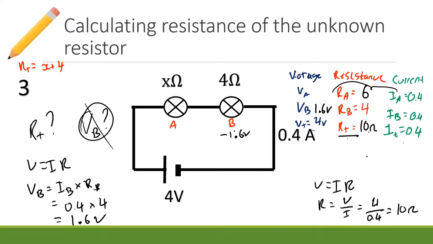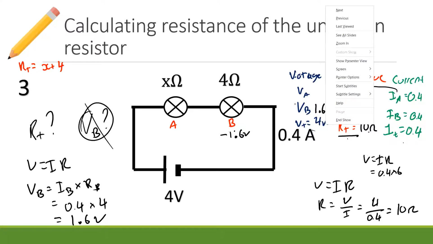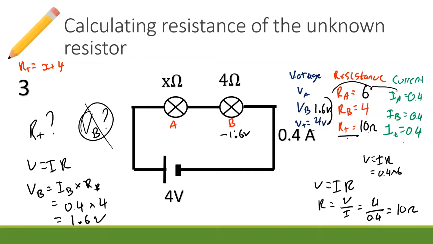So if I went V equals IR, I could go 0.4 times 6. There is another way I could get the answer though, which is to go 4 volts minus 1.6 volts. That will tell me how much gets spent.